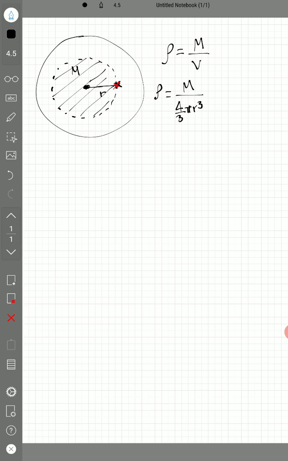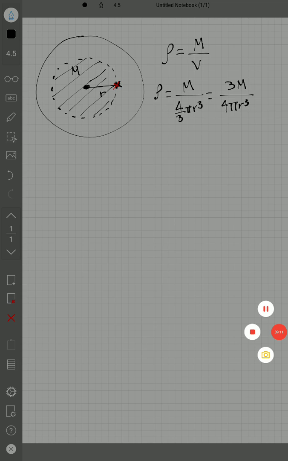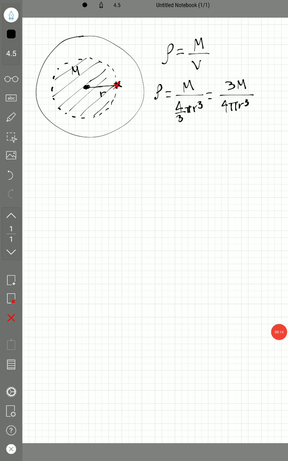So if you rearrange this, you're going to get something like 3M over 4 pi r cubed for the density of the galaxy. So what we are left with is an equation that says that the density of the galaxy can be written as 3 times the mass over 4 pi r to the power of 3.